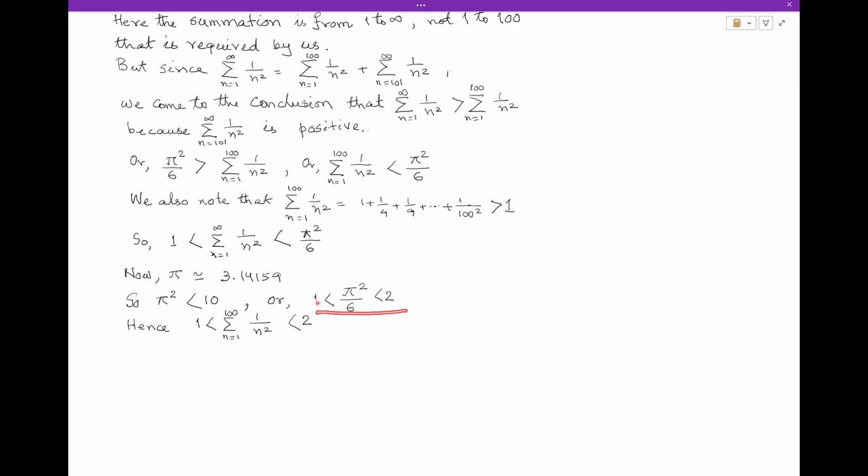That is 1 less than pi square by 6, and pi square by 6 is also less than 2. Therefore, this term summation of n is equal to 1 to 100 of the term 1 by n squared will also be between the integers 1 and 2. That means it will be greater than 1 but less than 2.